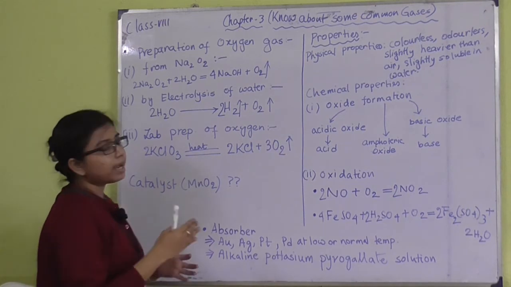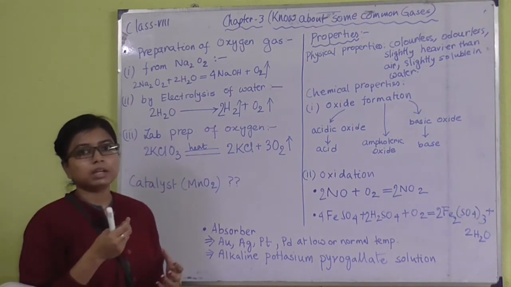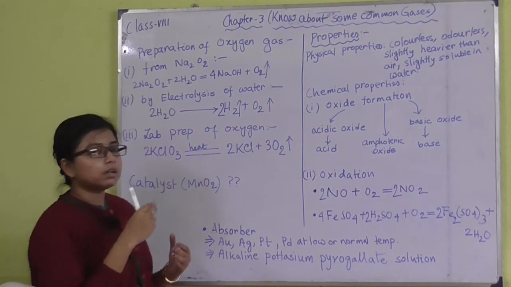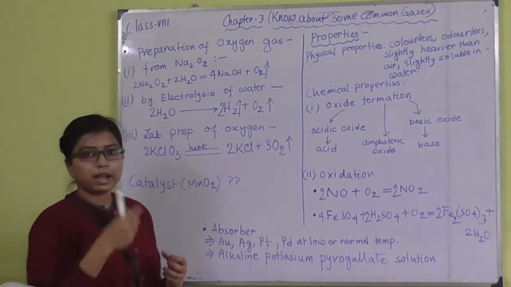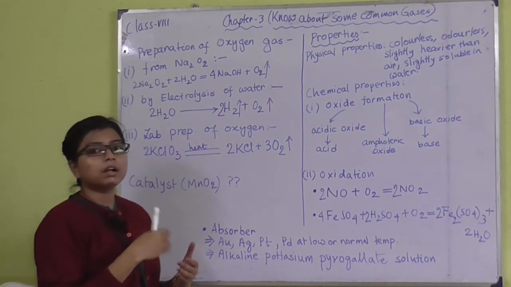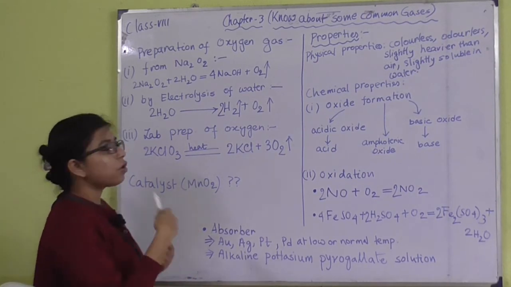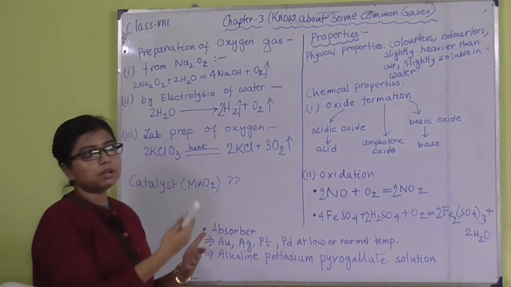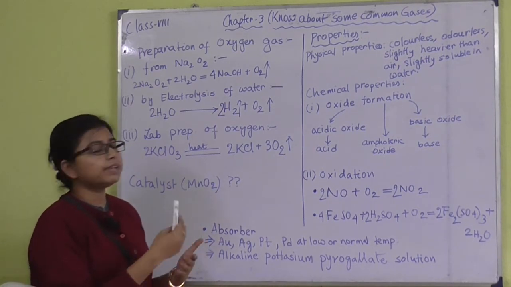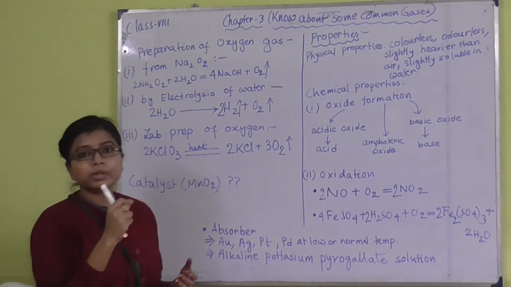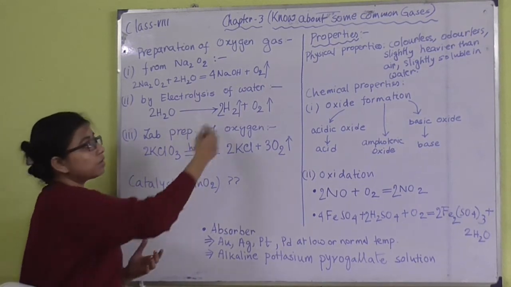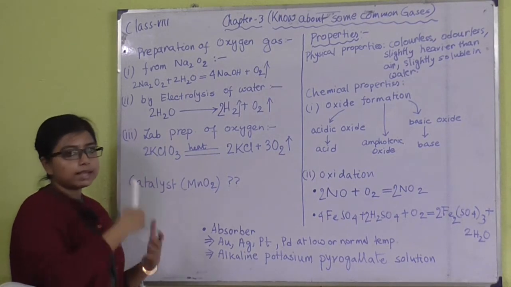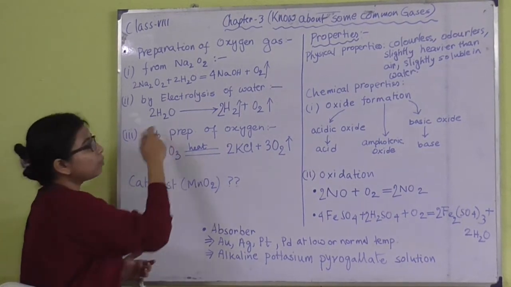Electrolyte means the chemical or the compound which will generate the ions, and those ions will conduct electricity, and from the ions we can produce the components of that electrolyte. So if we want to produce oxygen, then as the electrolyte we have to take water.